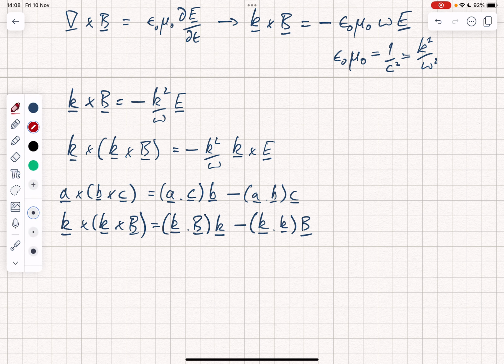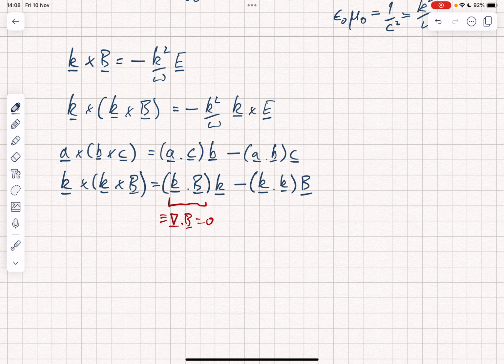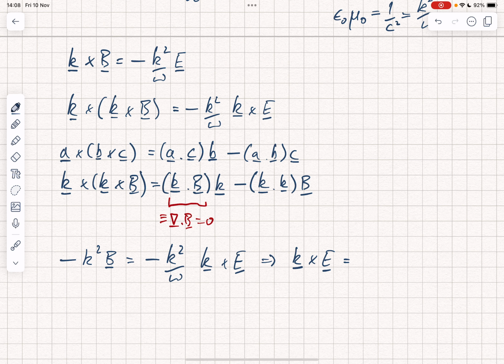What's going on here? Well, k dot B is equivalent to div B, which is equal to 0. So we can then write that minus k squared B is equal to minus k squared over omega k cross E, which of course takes us back to k cross E is equal to omega B, which we had from Faraday's law.